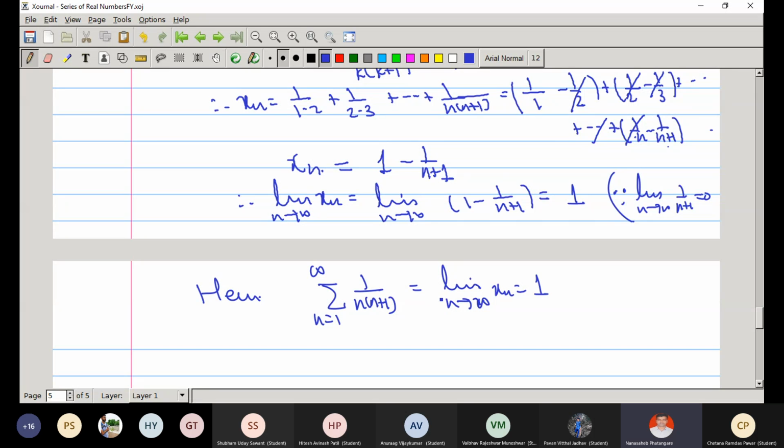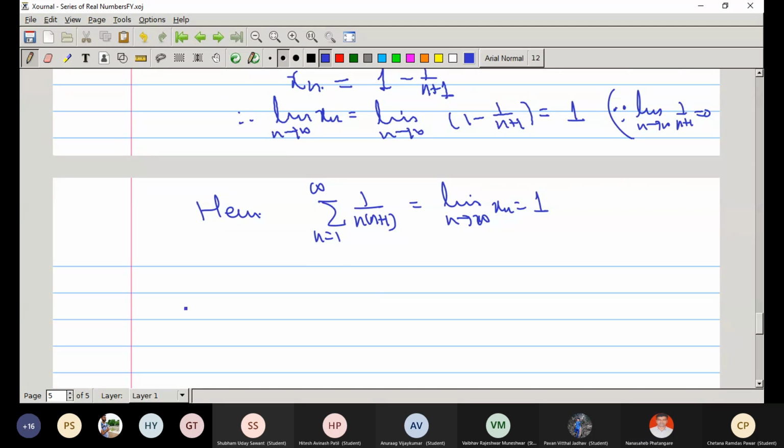There are infinitely many numbers, but we can say in a few seconds that the total sum is 1, not more than 1. Therefore the series is convergent and it converges to 1.